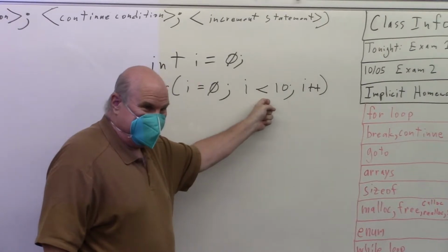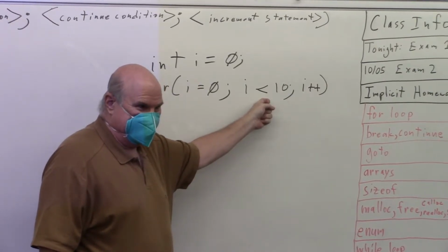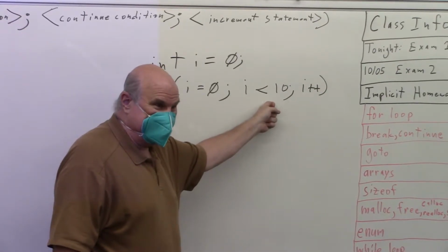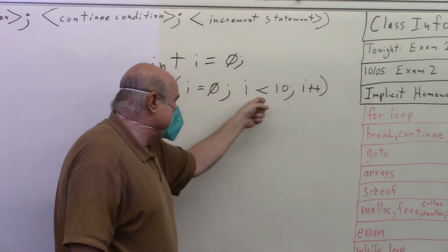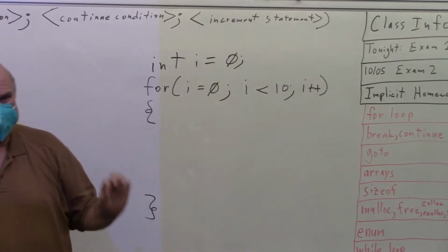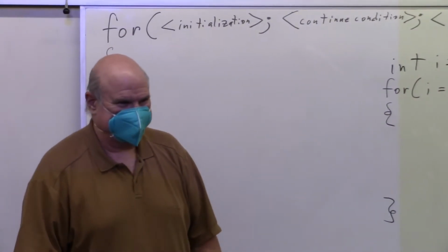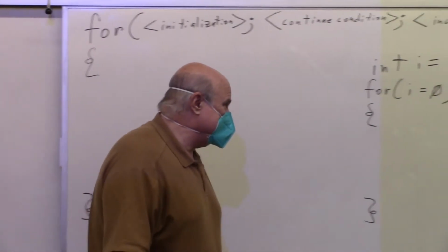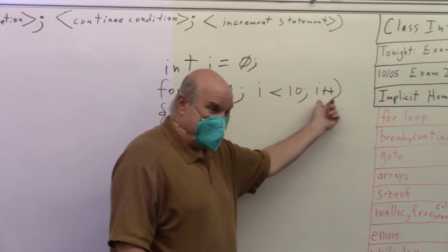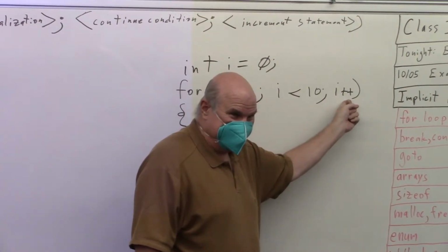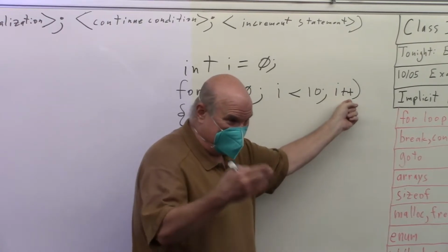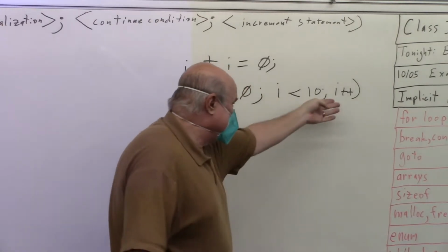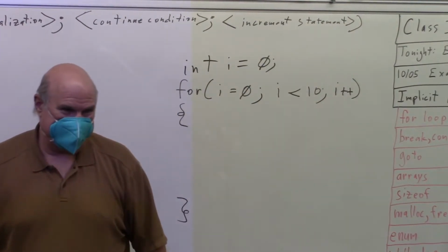Then the condition is evaluated. The fact that the condition is evaluated immediately after initialization means you may go through the for loop 0 times. It depends upon what the condition is. And then the increment statement, which again can be any statement, but is typically incrementing by 1 or 2 or whatever you're doing, and that's why it's called the increment statement, is typically incrementing the control variable.